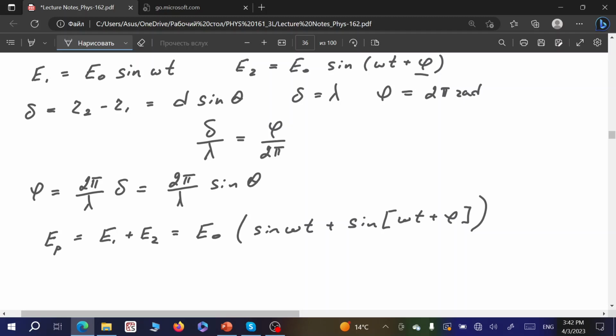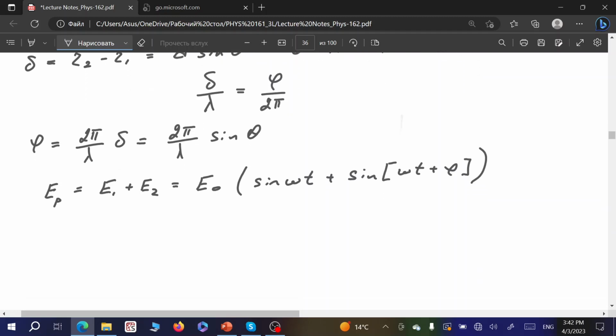So now this is the expression for the resultant electric field because of superposition of two coherent waves with some phase shift phi.